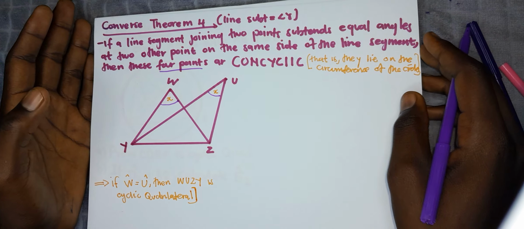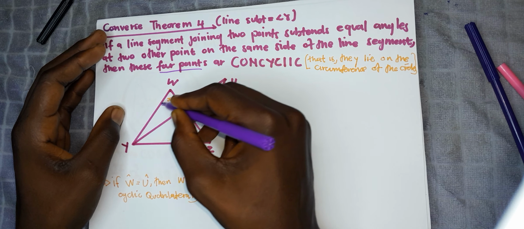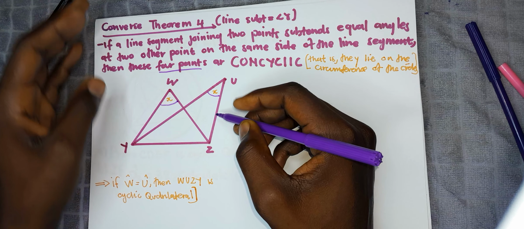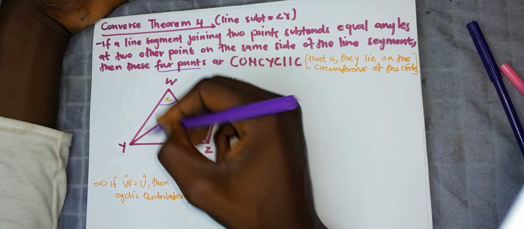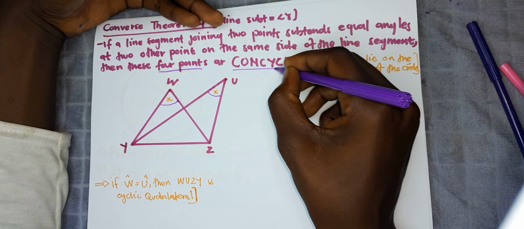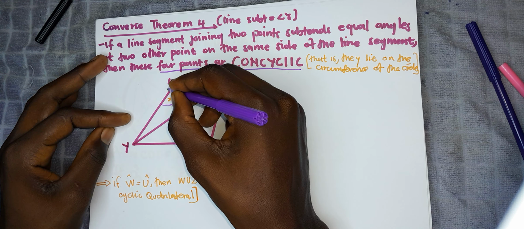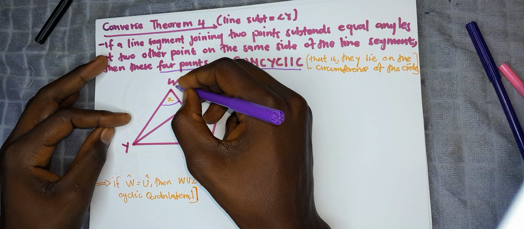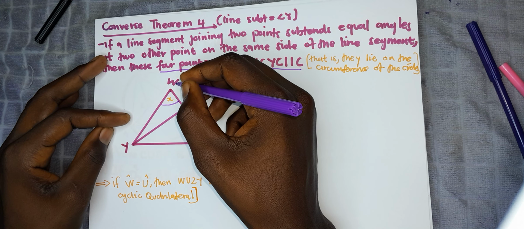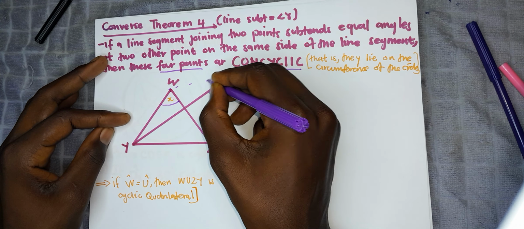Why do we say so? Because if these 2 angles are equal on the same side of the circumference, these 4 points are concyclic. Another way to understand concyclic is that these 4 points touch the circumference of the circle.